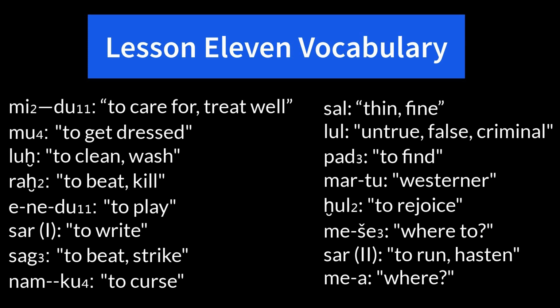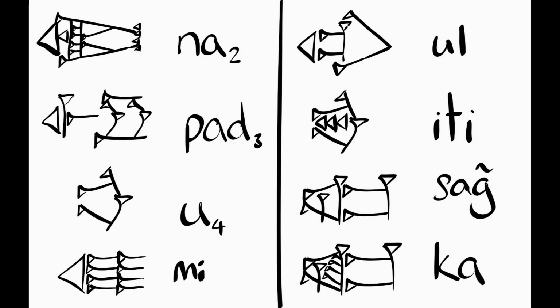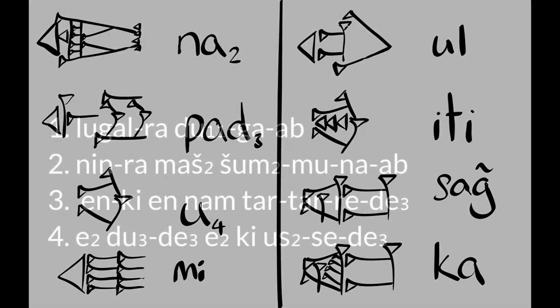And finally, me a, where. The signs for Lesson 11. Na2, pad3, u4, me, ul, iti, sang, and ka.